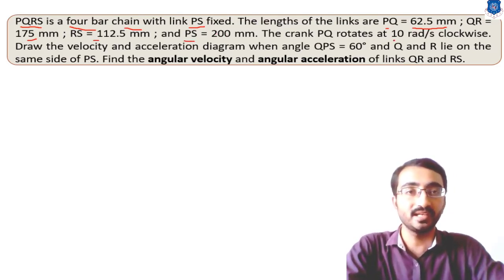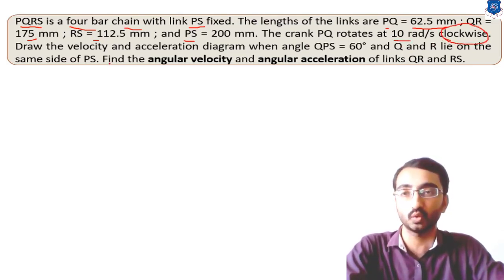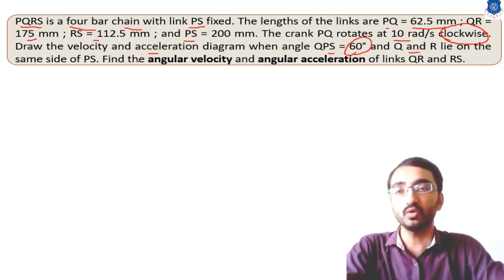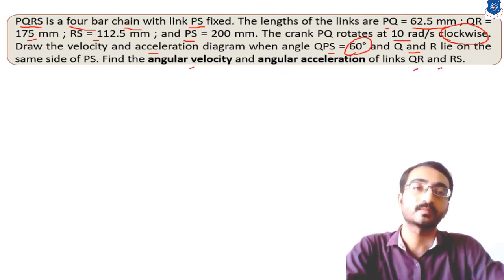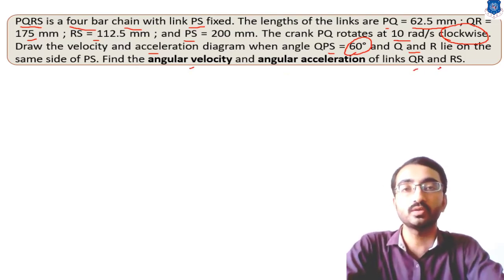The crank is rotating with 10 radian per second in clockwise direction, so you have to remember this direction also. We have to draw the velocity and acceleration diagram when the angle QPS is 60 degrees and Q and R lie on the same side, and we have to find the angular velocity and angular acceleration of these two links. So first let's sort out this data.